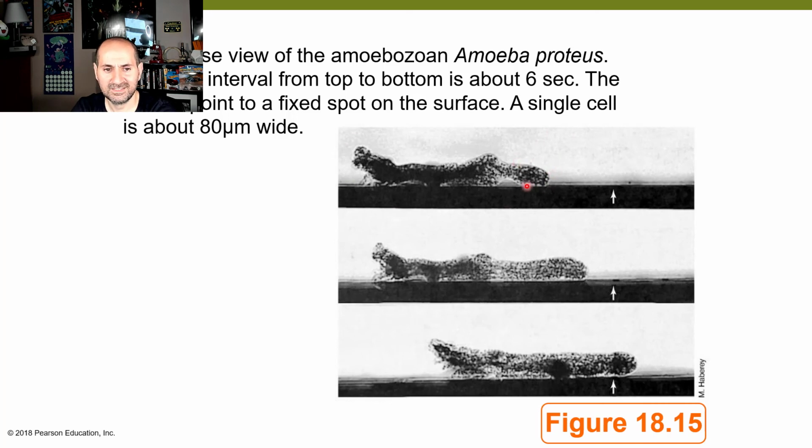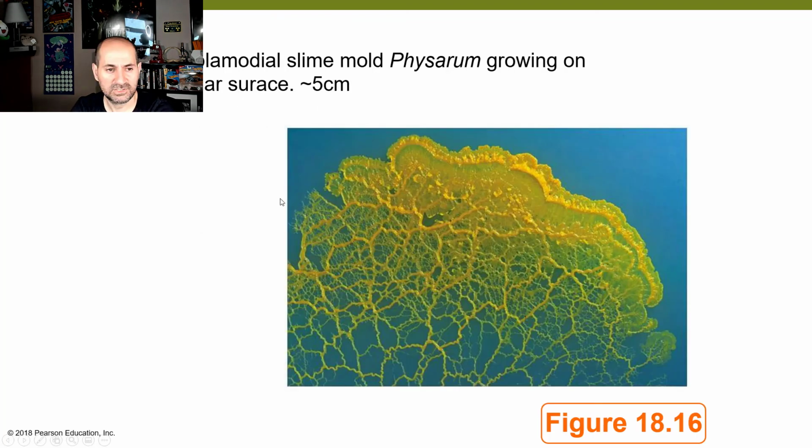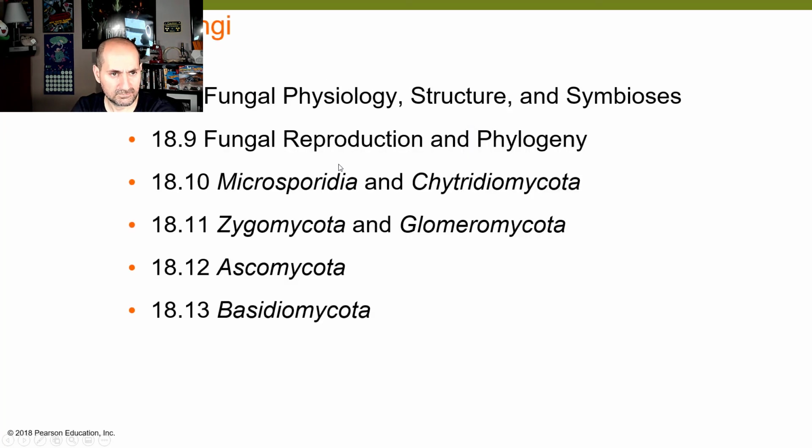That means they can extend a false foot, which is part of their plasma membrane, and they use that for motility. There's entamoebas like slime molds. And what do we need to know about slime molds? They're interesting because they have a similar life cycle to molds, to fungi. So this is what slime molds look like on a petri dish.